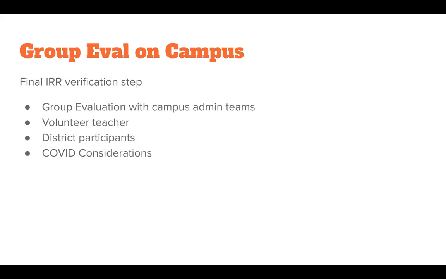And in some cases, you could have as many as 4 evaluators walking into the room at one time. And so in communicating that with the principals, we really reiterated: pinpoint a volunteer teacher on your campus that is willing to have 3 or 4 evaluators walk in at one time and do the evaluation without feeling super intimidated.